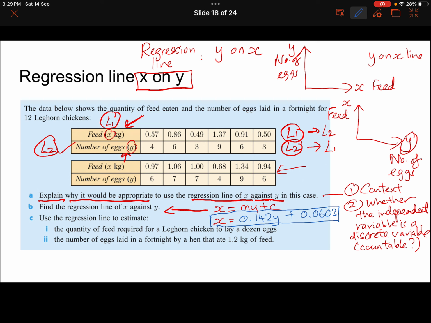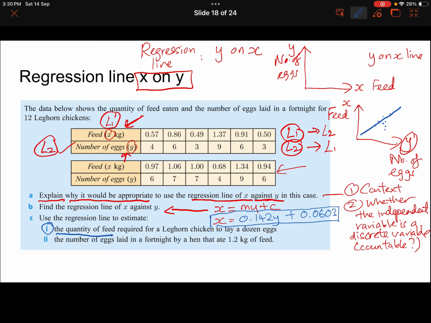Okay, so hopefully this summarizes what we have done so far. Now, if we look at part 1, it says that we need to start to make some predictions. Could you find the quantity of feed required for the chicken to lay a dozen eggs? Let's say we have a bunch of points here, and the line of best fit, or the regression line, looks something like that.